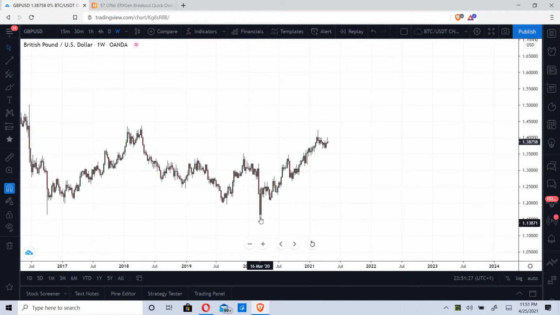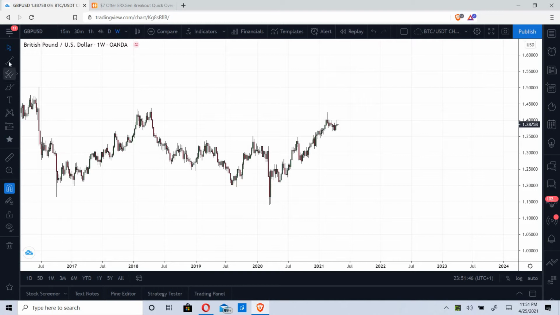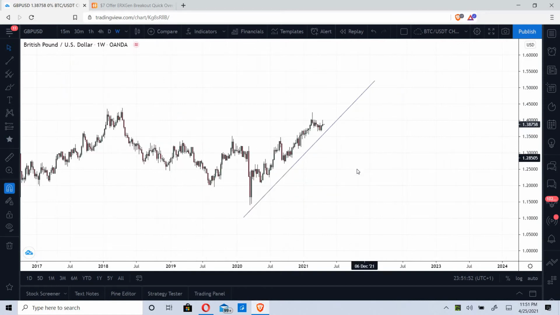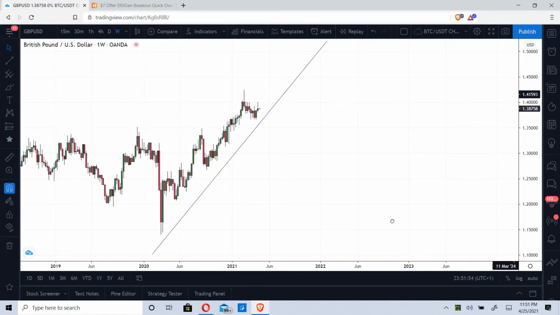All right, so the new trend actually began on the 16th of March 2020. So we can take our reference date from here and see that the market has started trending to the upside. Let me bring up the candlesticks.